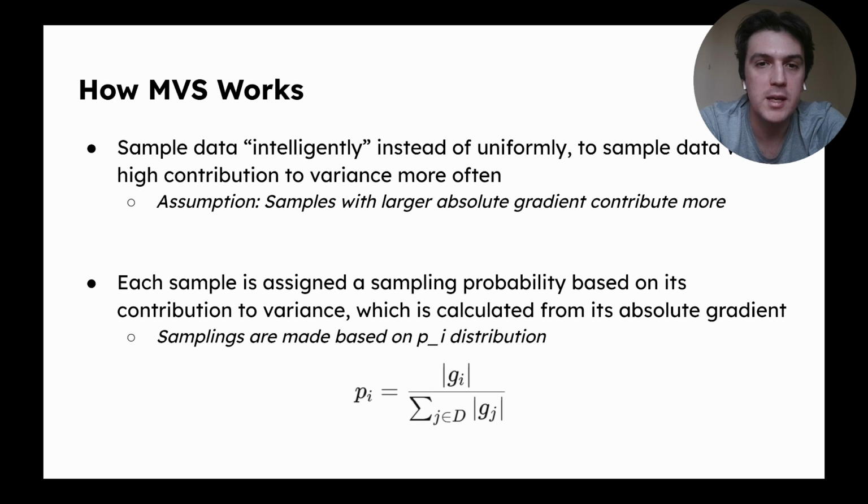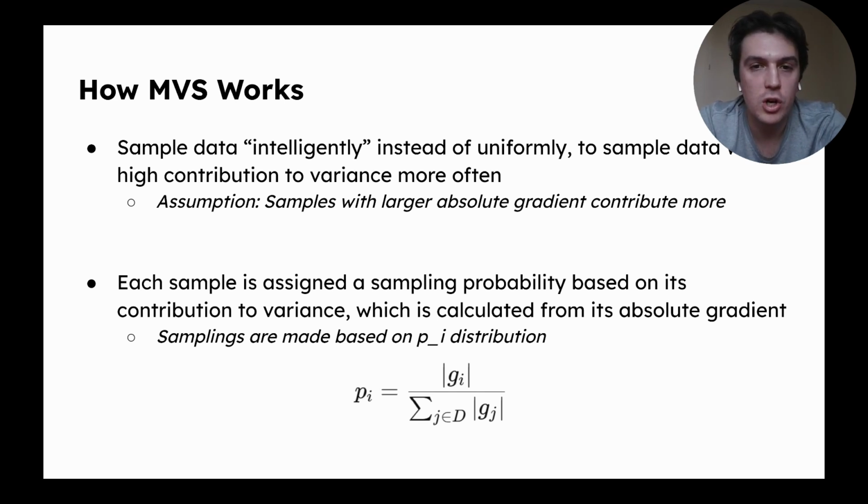So, what this means is that we're going to try to sample training instances that contribute more to the overall variance. The idea is that these points have more meaning, and it's more worthwhile to learn from them than from ones that don't contribute much to the variance.